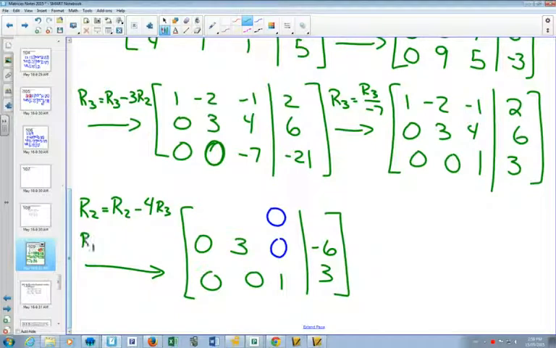And row 1, in order to get a 0 in the top right-hand corner, we're just going to have to take row 1 and add row 3 to it. So again, these ones are not going to change. And then when I add these together, I'm going to get 5 up there.